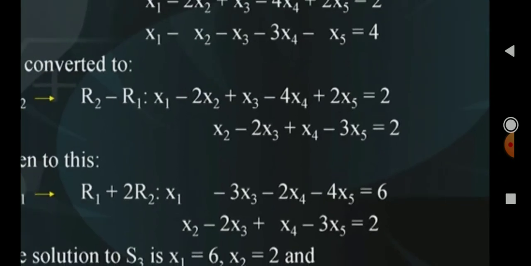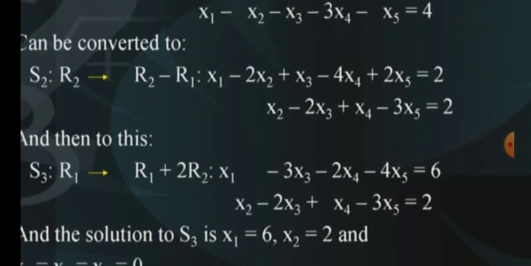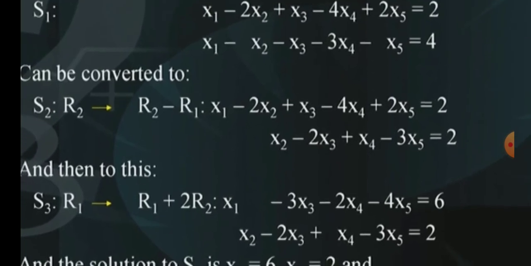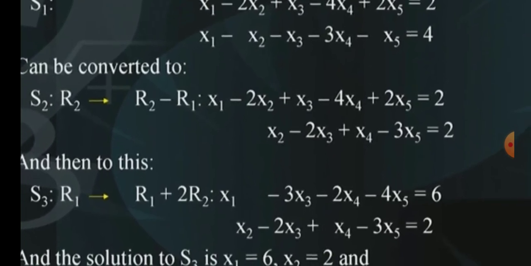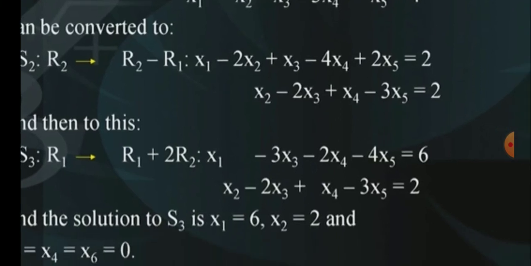Still we need another operation for the target case, and that operation is R1 plus 2R2, and it gives x1 minus 3x3 minus 2x4 minus 4x5 equal to 6.